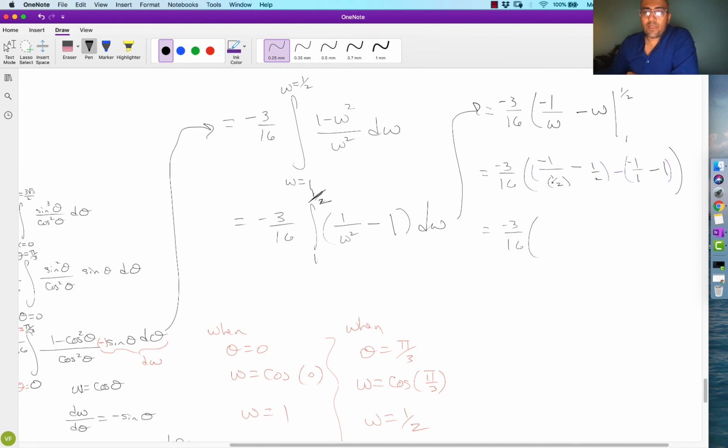-3/16. And we end up with, this is going to be a -2. Numerator times the reciprocal of the denominator becomes -2 minus 1/2, minus, well, there's going to be 1 minus 1.